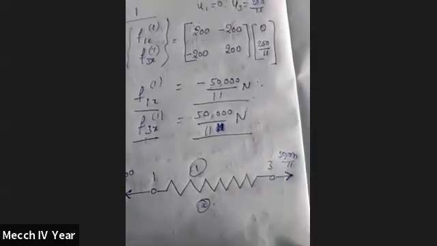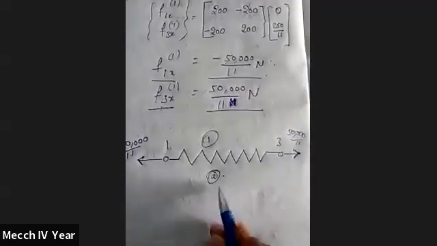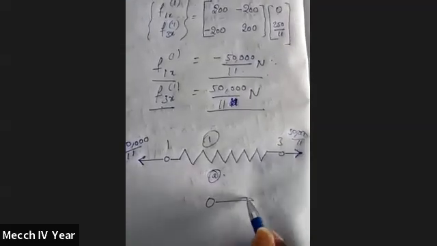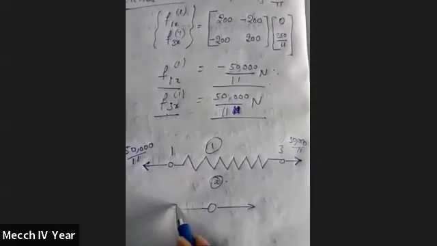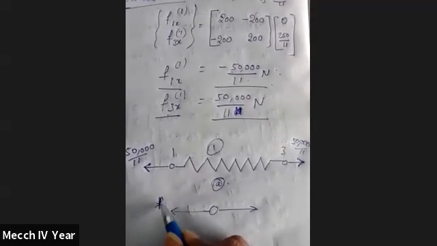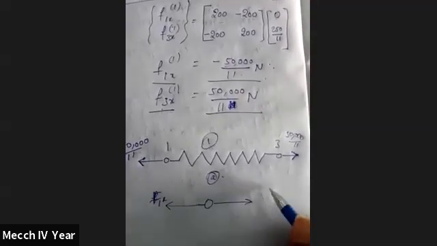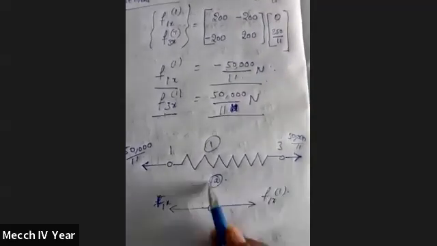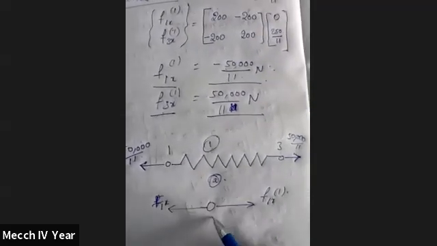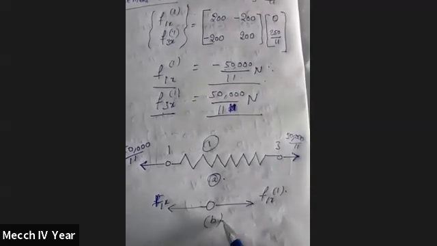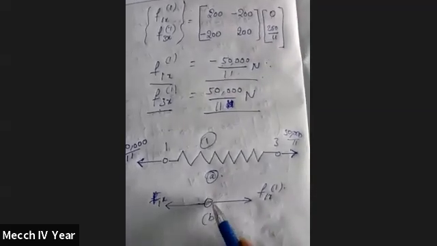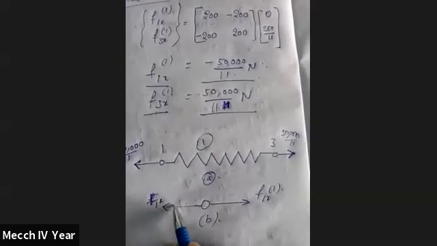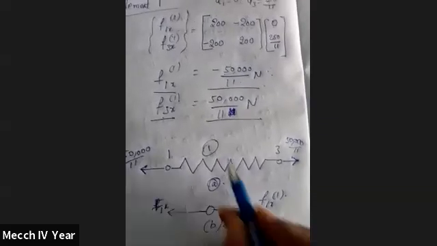This is the picture. So capital F1x is equal to F1x for the first element. This is the free body diagram of element 1. This is the node free body diagram. This is the elemental free body diagram.